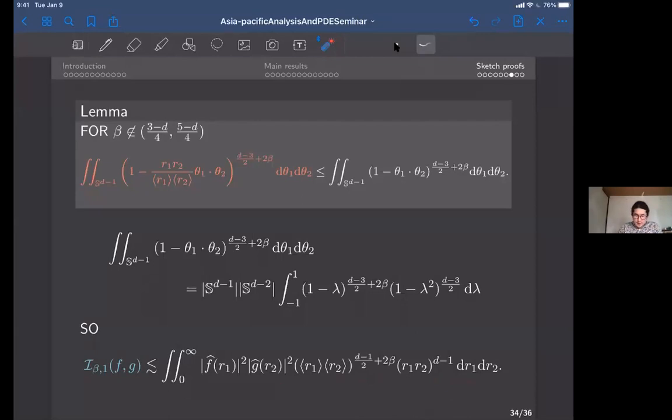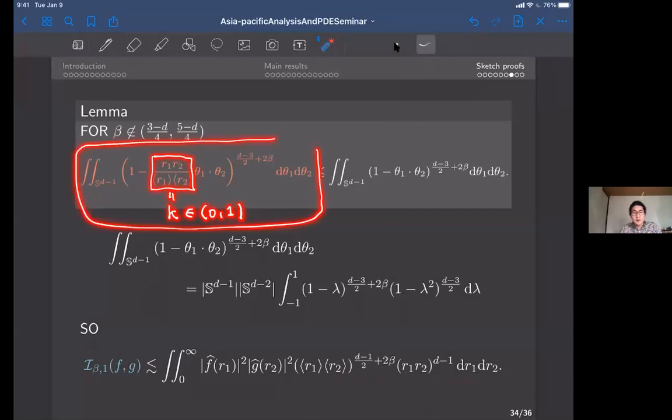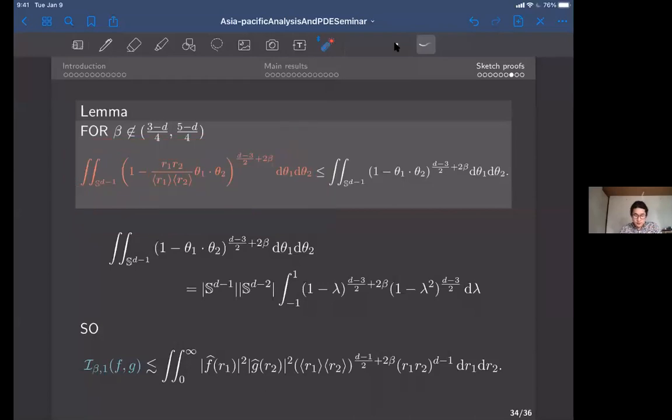To prove this lemma, I like to consider a parameter kappa living between 0 and 1. Then you can show that this whole thing is monotonic increasing with respect to kappa. So putting in 1 gives the biggest, that's this right-hand side.